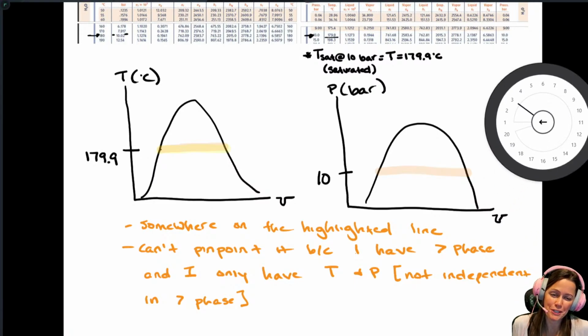Okay, so not really satisfying, but that is what it is. But with the next problems that we'll do on Friday, we will be able to put a dot exactly where those things are.